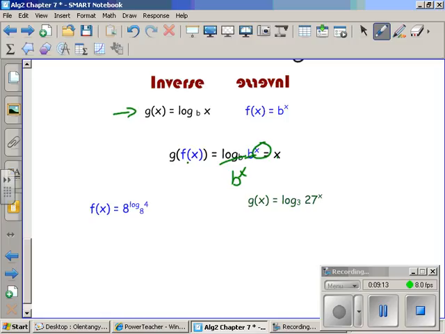Another way to look at it, and I kind of like this one, I like this 8 bigger so you can tell it's an exponent. There you go. All right, so for this one, we know log base 8 of 4 means there is an exponent out there that I could raise 8 to and get 4, okay? That exponent, when I use it, is going to give me 4.